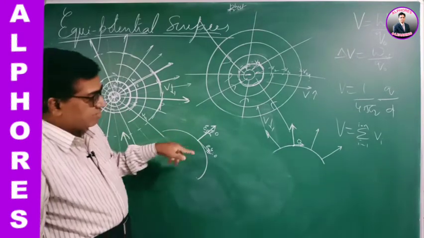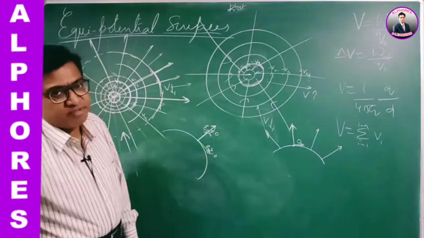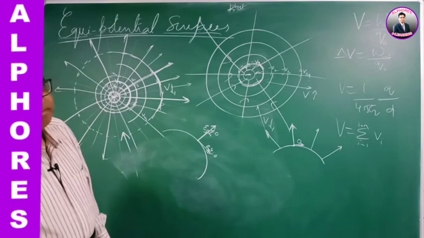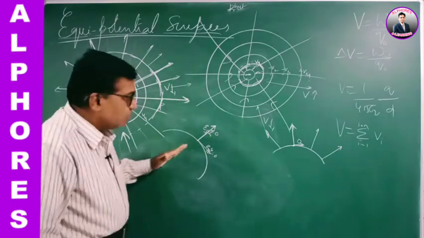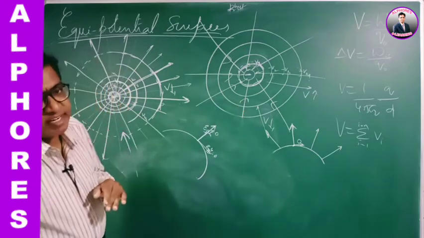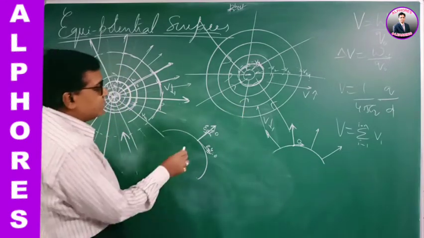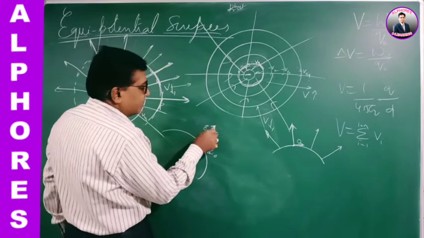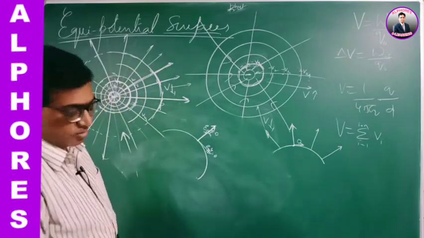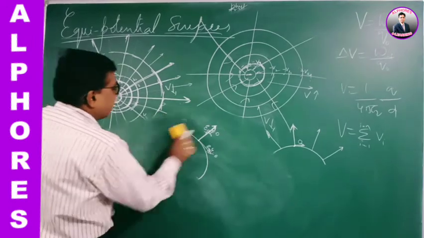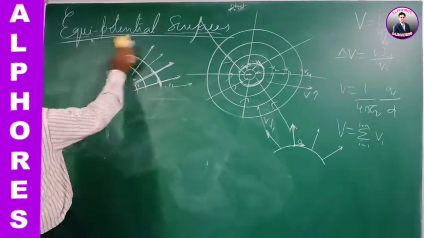The component of the electric field parallel to the surface is always zero. It has to be zero. There exists no electric field parallel to the surface, only a perpendicular component. So the resultant electric field will be in this direction, and this component is zero. You can prove this actually.